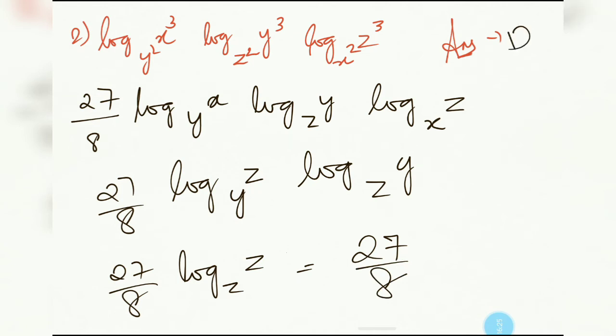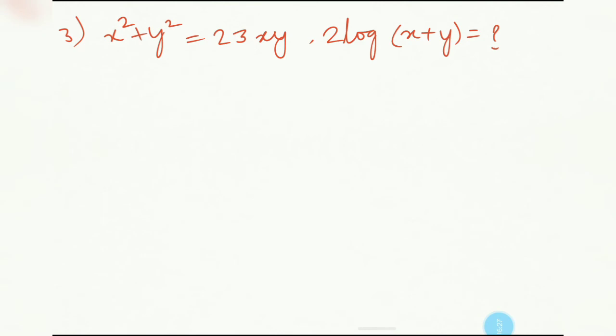Okay. Now third one: x square plus y square is equal to 23xy. Then find the value of 2 log x plus y. Now how we solve this question is, first we are going to add 2xy on both sides.